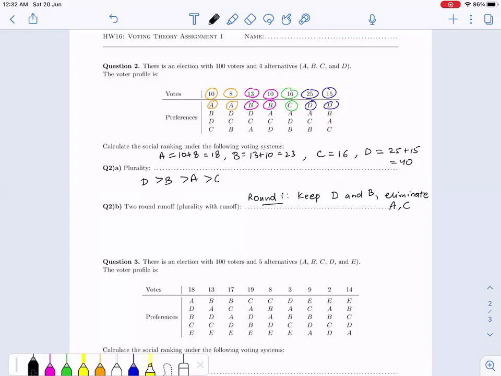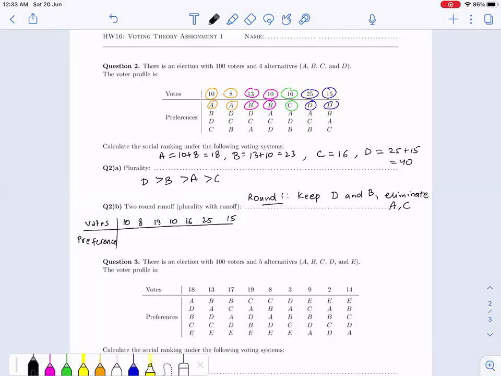So now your voter profile would look something like this. You have 10, 8, 13, 10, 16, 25, 15.